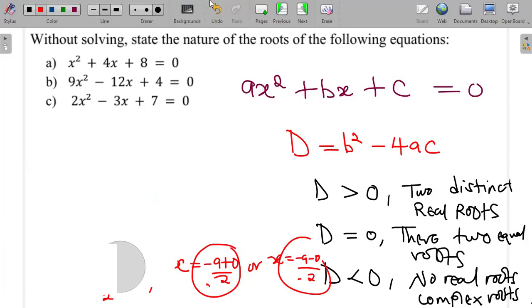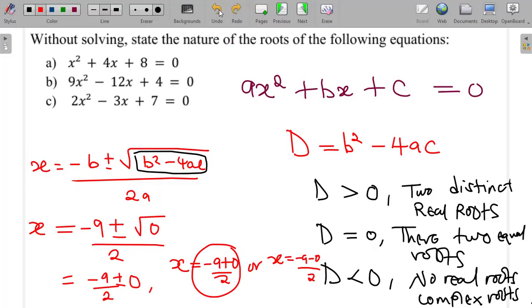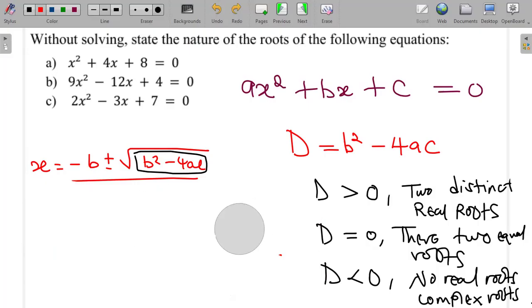What if the discriminant is actually less than 0? Meaning it's a negative number. So we're just going to have something like minus 9 plus or minus the root of maybe negative 9, because we say this should be less than 0, divided by 2. Now the root of a negative number gives you what we call an imaginary number, because we can't have the root of a negative number.